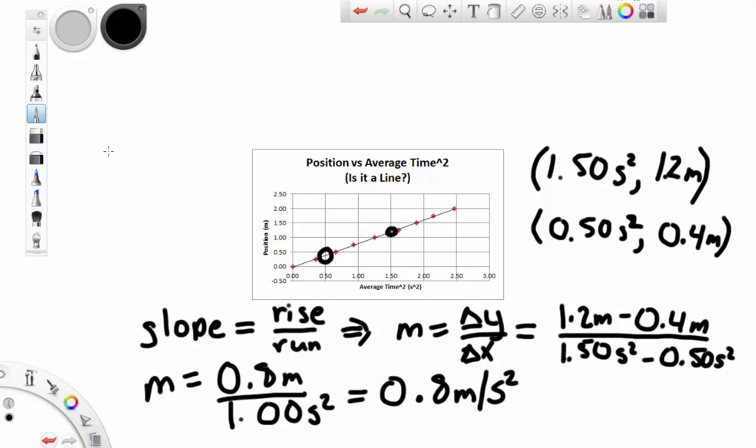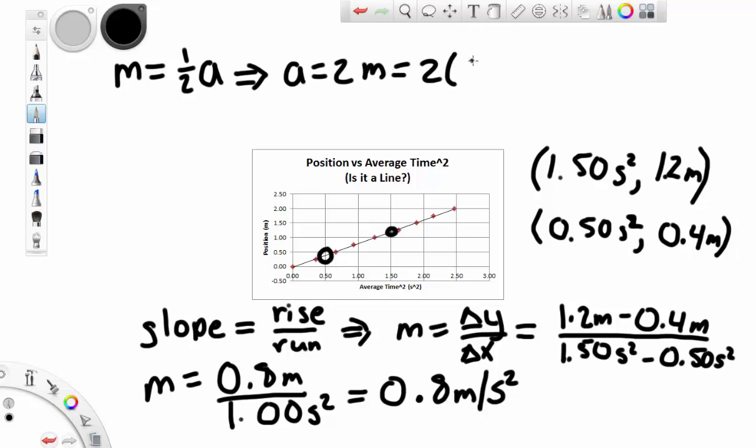Okay, so my slope is 0.8 and the equation is m equals 1/2 a, where a is the acceleration and m is the slope. And so what that implies is that the acceleration should be twice the slope, which is twice times 0.8 meters per second squared. And so that is 1.6 meters per second squared.